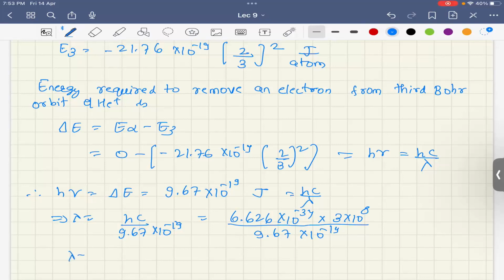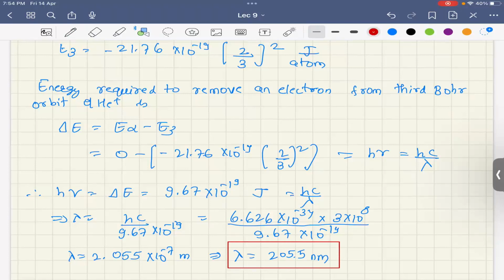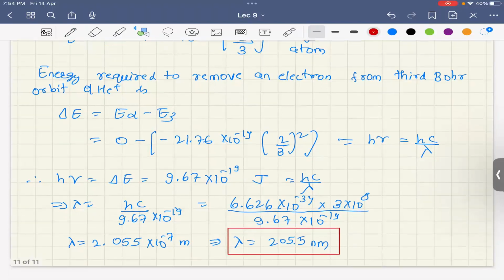And hence lambda corresponds to around 2.055 × 10^-7 meter, or lambda is equal to 205.5 nanometer. So this is the answer.